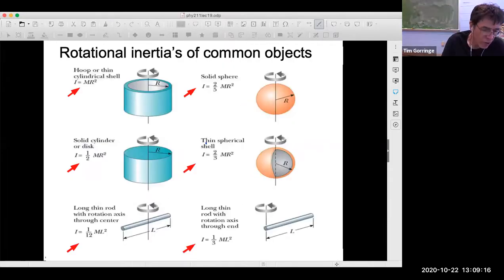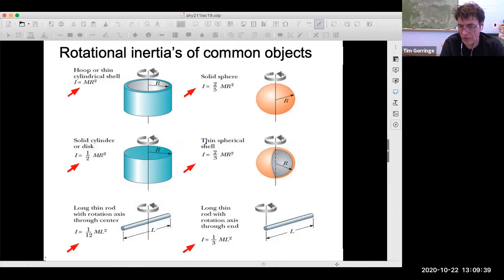Okay, so in physics, there are some common shapes, some common geometries where somebody has already calculated the moment of inertia for us. We often just use the equations that describe the moments of inertia of those geometries.